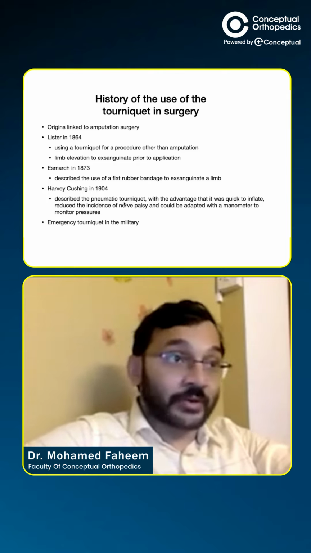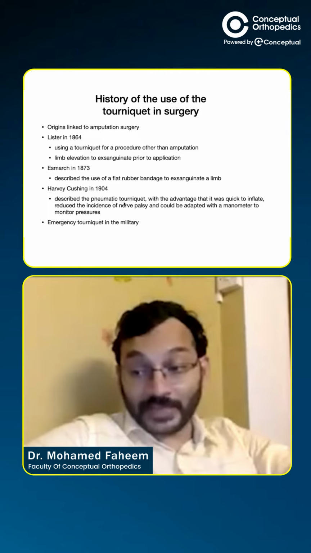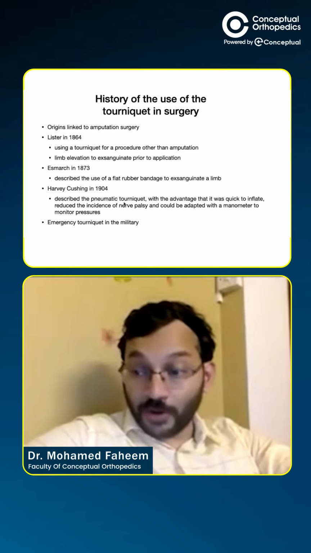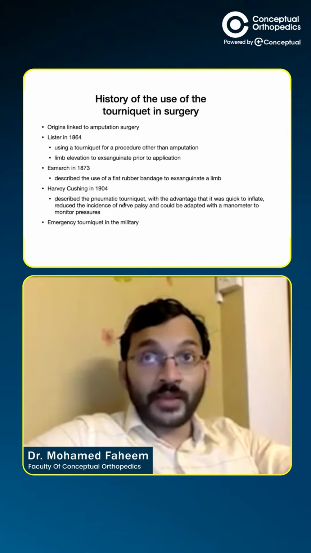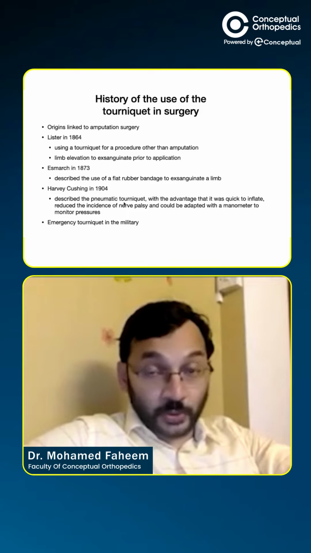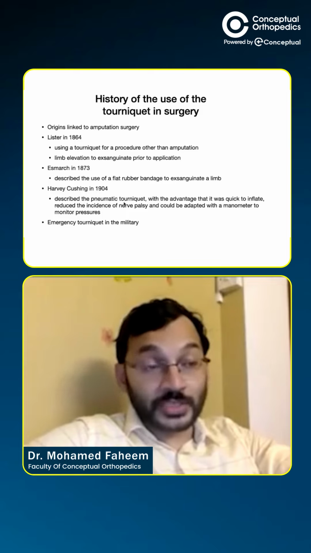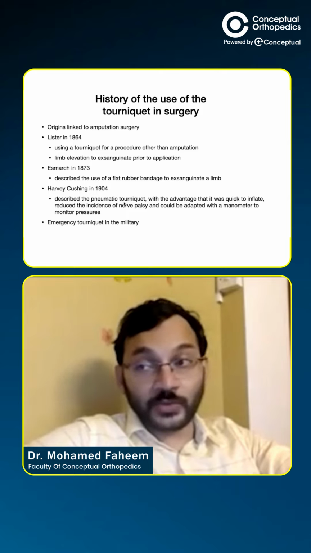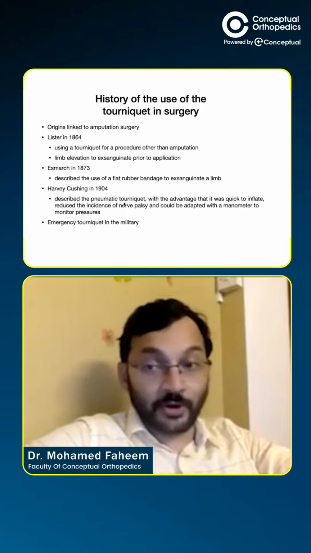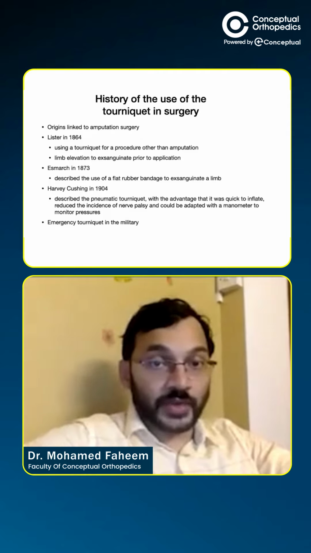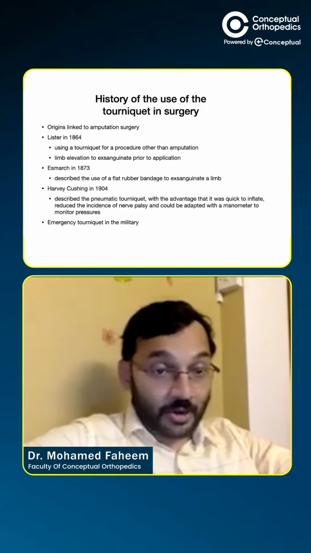It could be aspirin, it could be clopidogrel, or any of the newer methods of anticoagulation. When these patients who are already on these drugs come into a polytraumatic situation, small wounds tend to bleed out very fast. It is in those situations that tourniquet use has also emerged as a lifesaver or a limb saver in many conditions. So, this is the history of the use of tourniquet in orthopedic surgery.